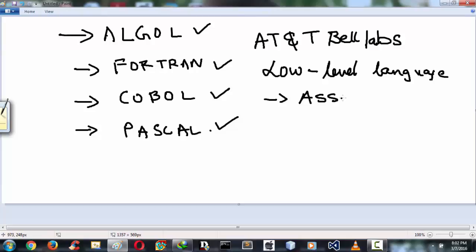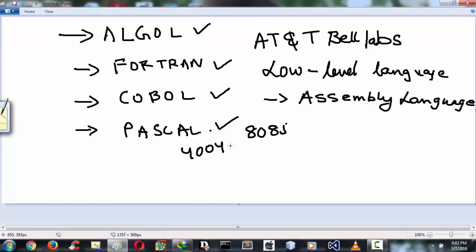So what is assembly language? You might get this doubt here. Okay, so assembly language is nothing but the language of the microprocessor. So every microprocessor chip, let us say 8085, or the very first microchip Intel 4004, or 8085 or 8086, or like Pentium.